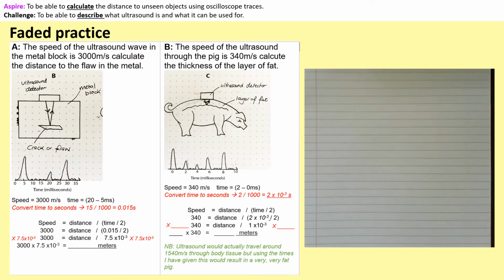I want to show you what your book should look like when you're doing this faded practice, because this might be something that you haven't seen before. And it looks as though I'm just asking you to fill in the gaps, but I'm not. I'm asking you to work through, and I'm asking you to do the whole calculation. It's just that I've taken away one part each time. And the reason why is that that's the bit that you're going to be focusing on.